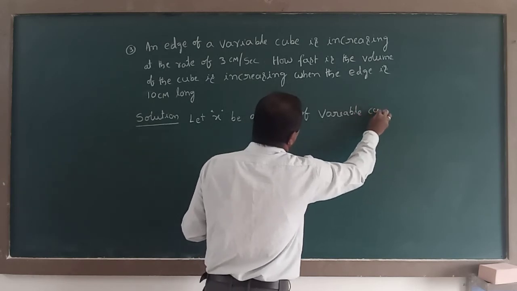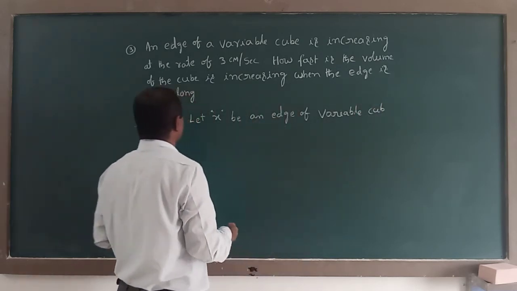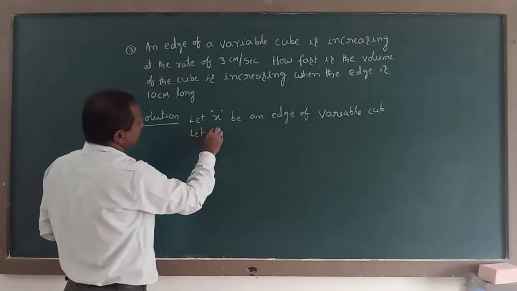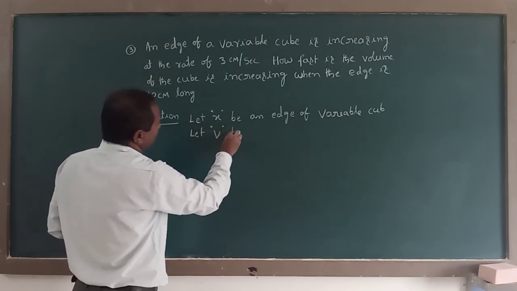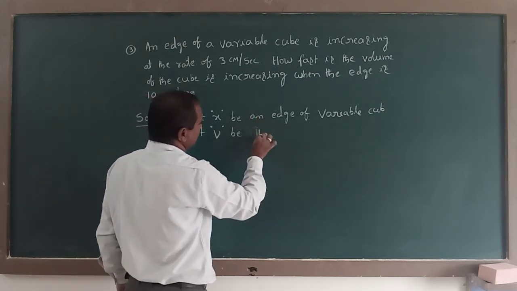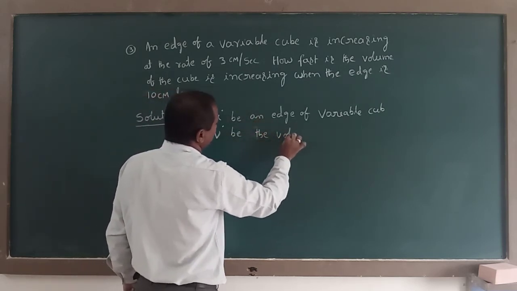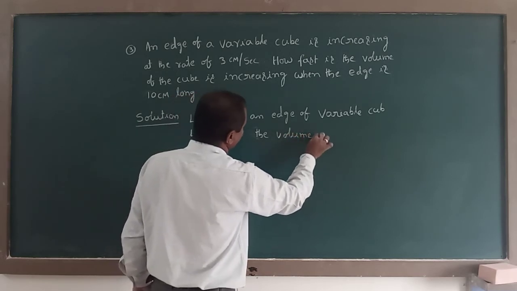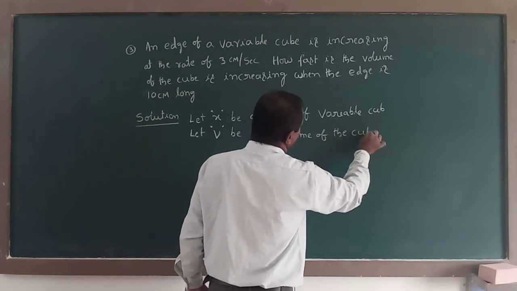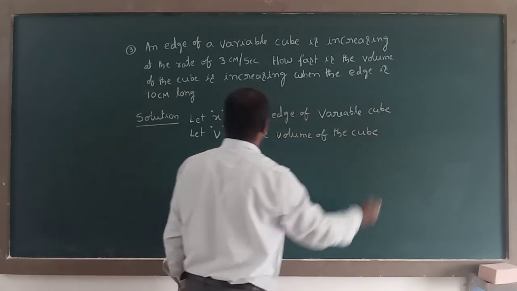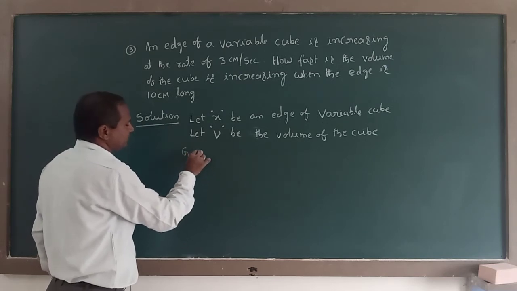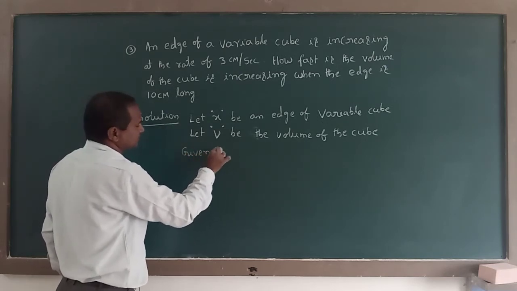Given that, and let V be the volume of the cube. Given that, what they are giving, we should write first.